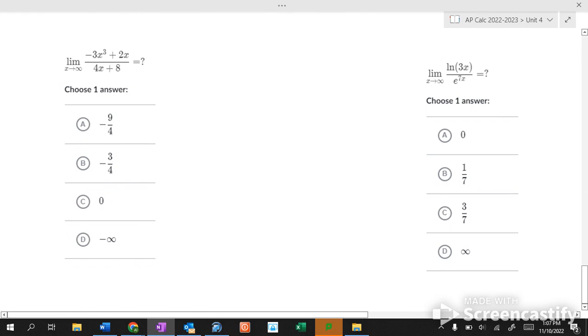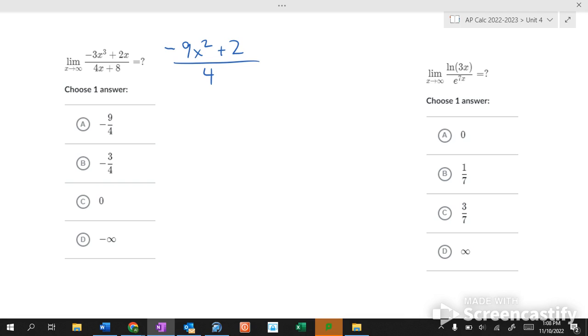Okay, let's try this one. We get infinity over infinity if we plug it in right away. But now, if we take the first derivative, we get negative 9x squared plus 2 over 4, right? If you put in infinity on the top, you get negative 9 times infinity, which is negative infinity plus 2, which is still negative infinity.